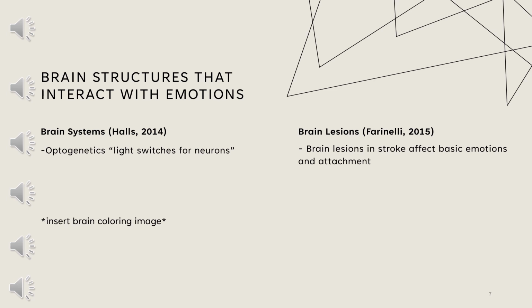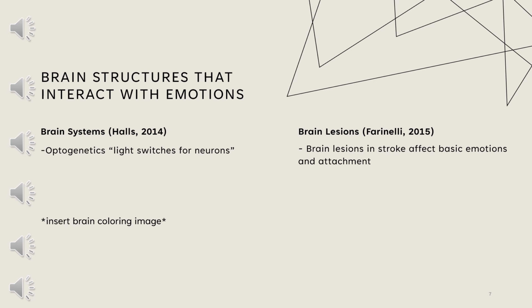One group had experienced a stroke, and the other was a control group. Farinelli, among other researchers, wanted to investigate the basic emotions and attachment styles in this sample of patients. They used personality scales and questionnaires, and they were able to come up with many findings.